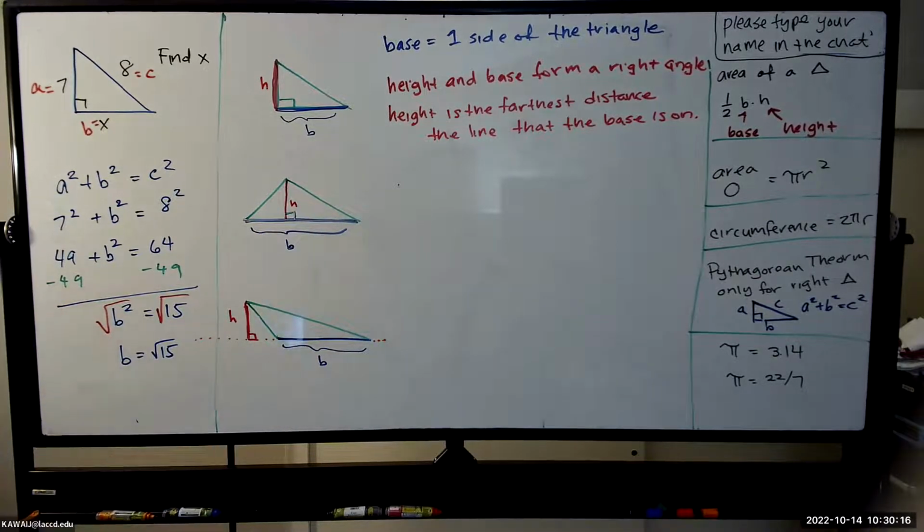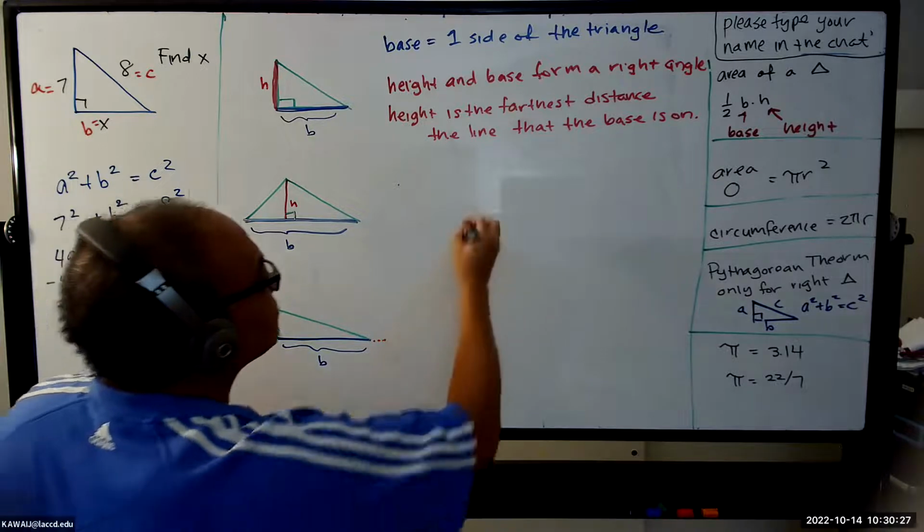Okay. Now, there's a couple ways they'll try to fool you on the test. One is to give you too many numbers. So let's try something like this.